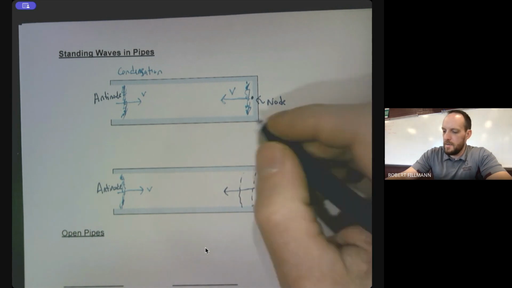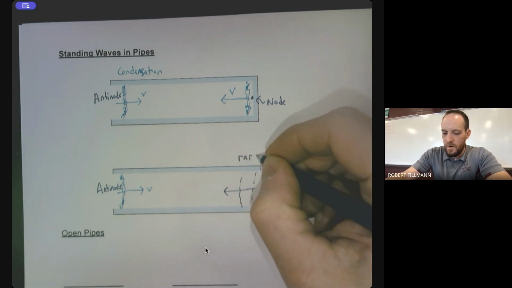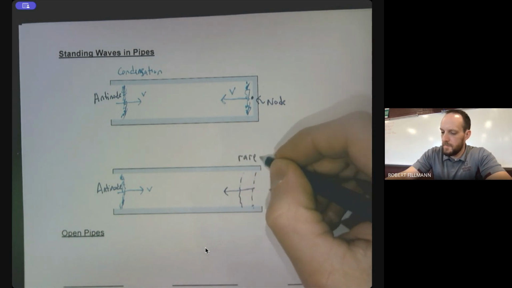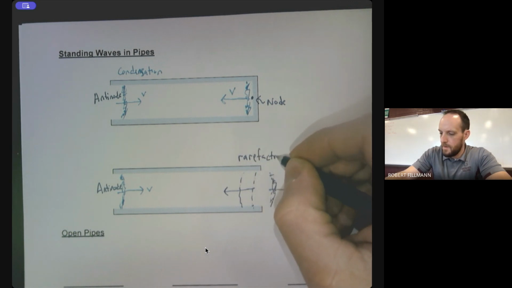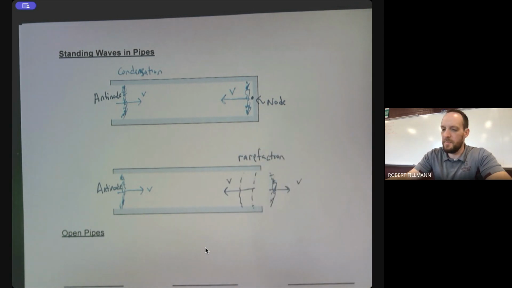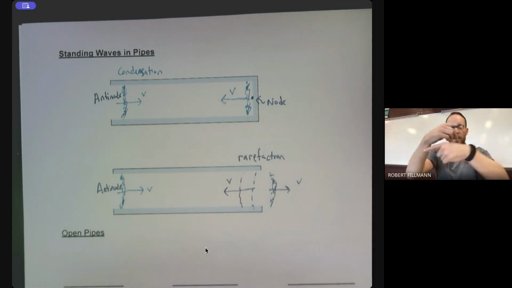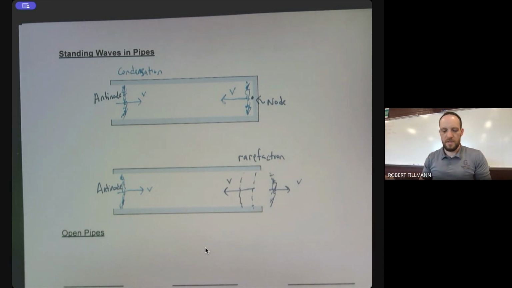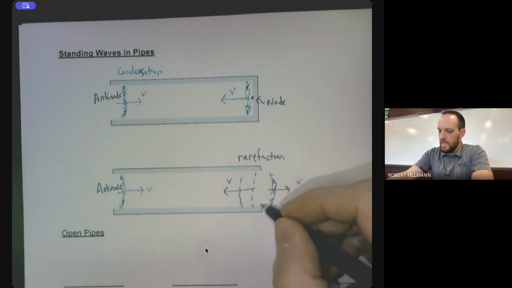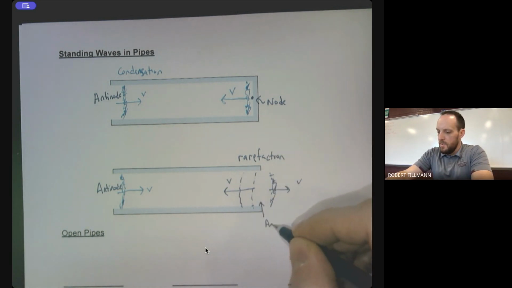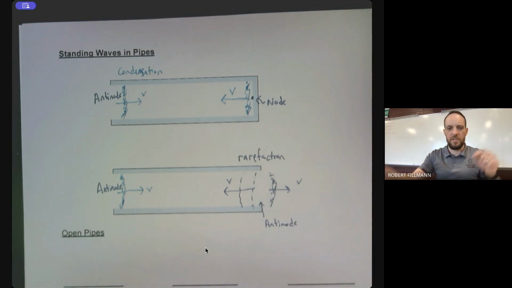And so we get, if you recall this funny term, our rarefaction, a region of low pressure bouncing back in the opposite direction. And we still get waves crisscrossing each other and forming the standing pattern of waves. So in this case, we'll have an antinode at both ends. It's basically the opposite of my string, which has nodes fixed at both ends. There are antinodes at both ends of an open pipe.